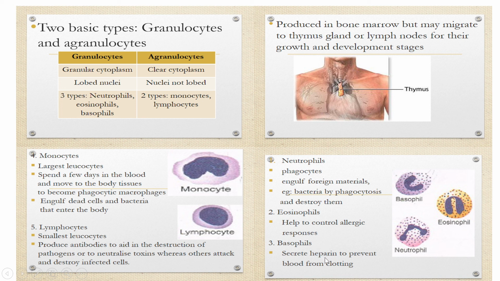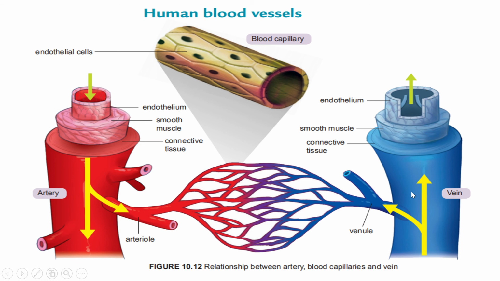Heparin is an anticoagulant, the opposite of the platelet. It doesn't want the blood to clot. In certain situations, when the blood is flowing in our body, we don't want it to clot, isn't it? So this is the function of the basophil. All right, maybe we stop here.